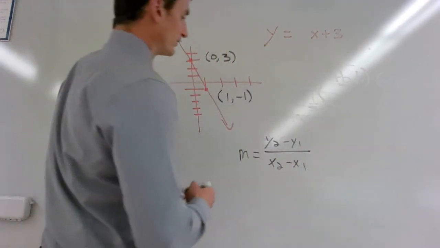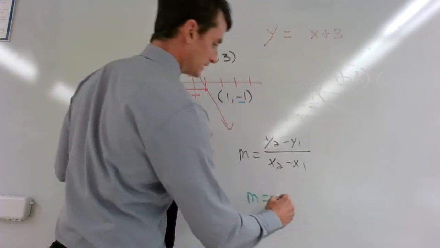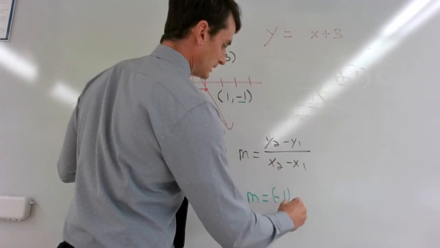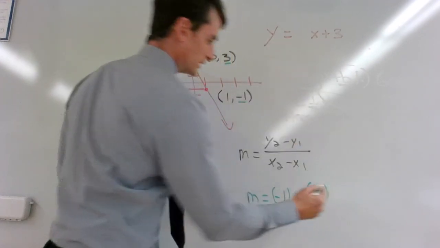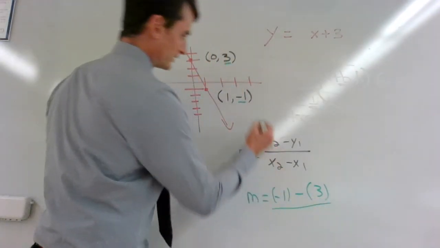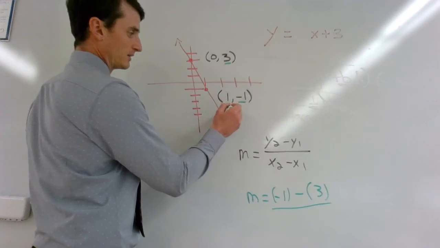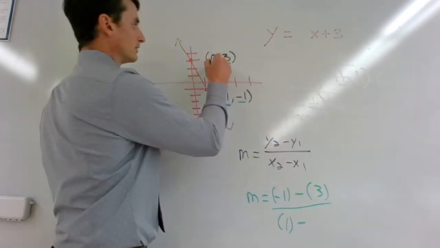Okay, so if I take my y2, negative 1, minus my other y, which is 3, y minus y. Because I did this one first, I need to take this x first: 1 minus 0.